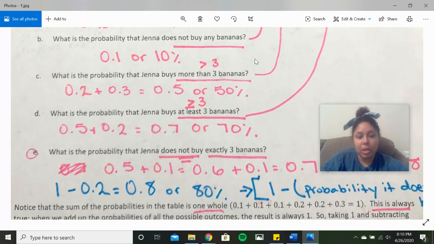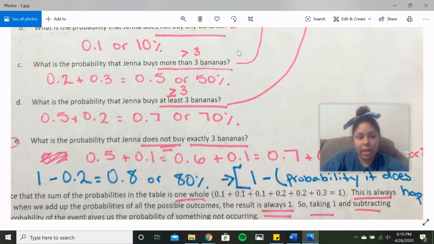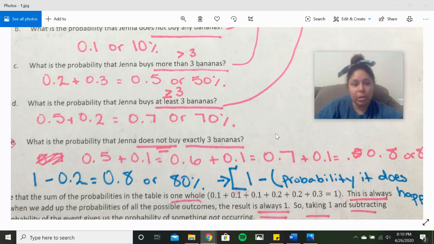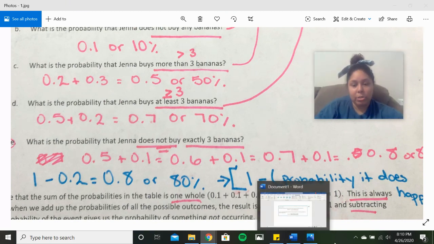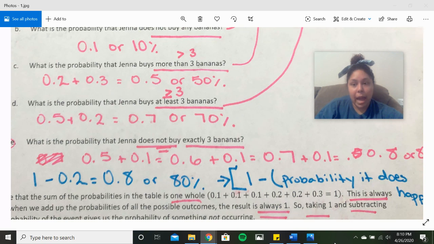Now, remember that there was also this new thing where it was talking about the probability that she does not buy exactly 3 bananas, and there are 2 options. I can either add all the other probabilities, so 0 bananas, 1, 2, 4, and 5, which is what I did here. I got 0.8.